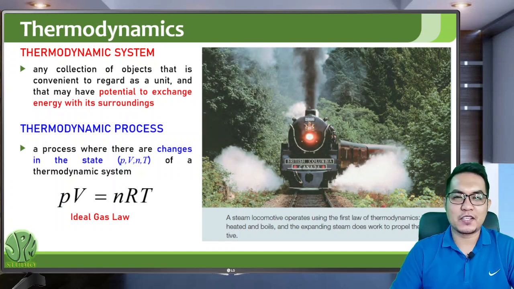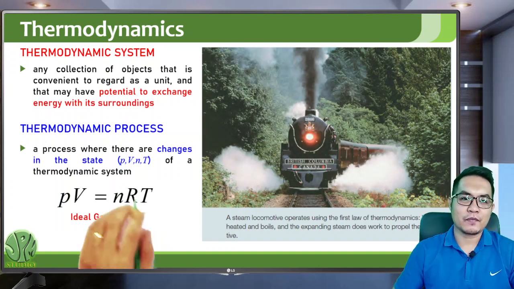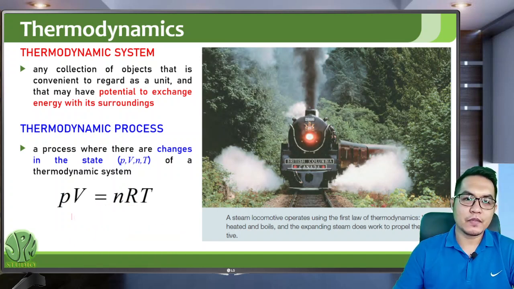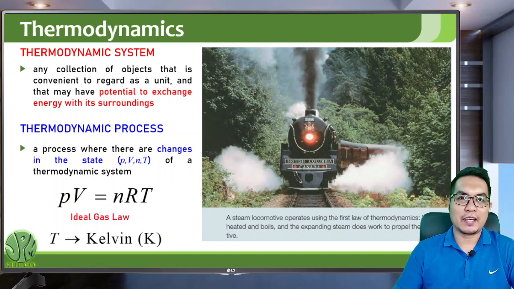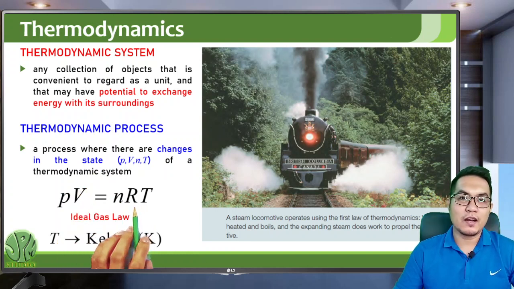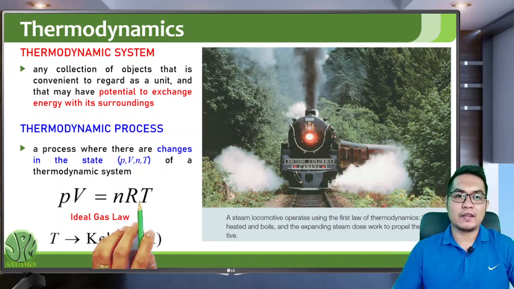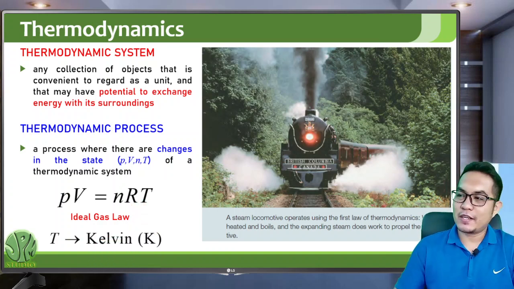You have discussed this in high school, in your chemistry subjects. Here, P is pressure, V is volume, n is the number of moles, R is the gas constant, 8.315 joules per mole Kelvin, and T is temperature in Kelvin.